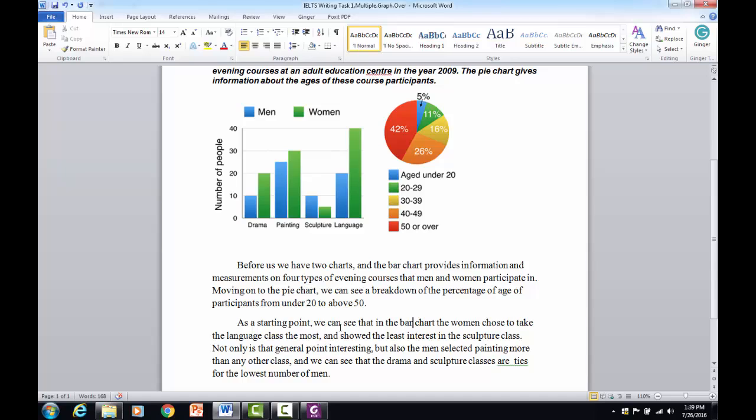We talked about the high and low for the women. We talked about the high and low for the men.